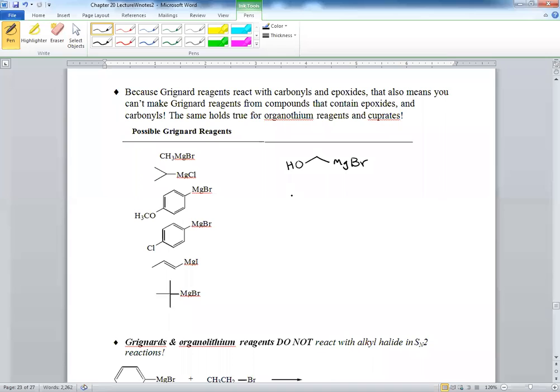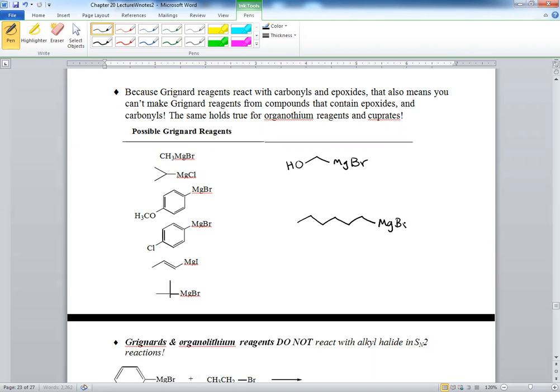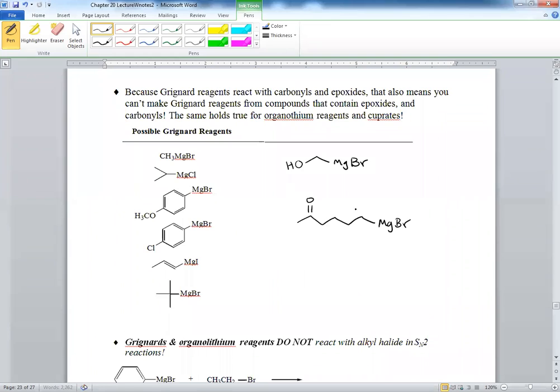This will react with itself. Even if you have something like this, or an epoxide, these will react with themselves. So let's look at the second one here.